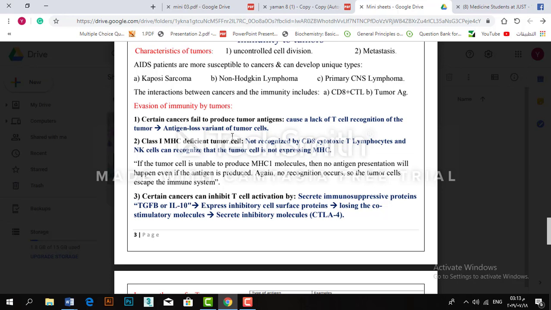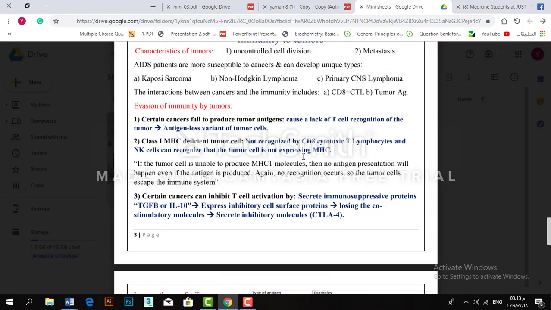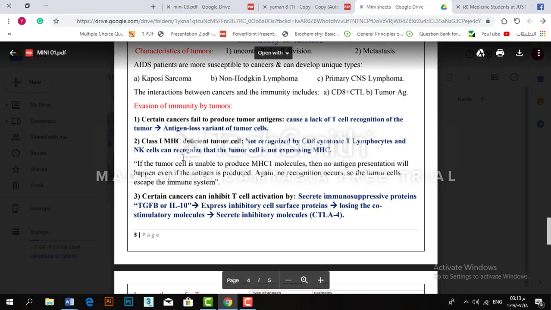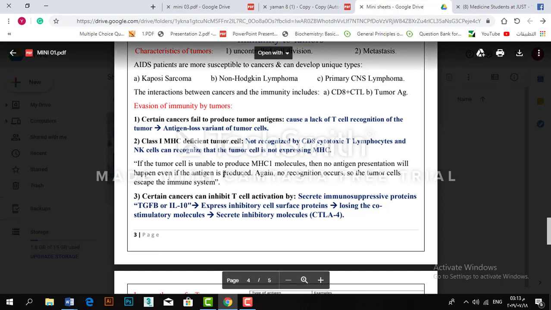It is not recognized by CD8 cytotoxic T lymphocytes, although NK cells can recognize that the tumor cell is not expressing MHC. But if the tumor cell is unable to produce MHC1 molecules, then no antigen presentation will happen even if the antigen is produced.